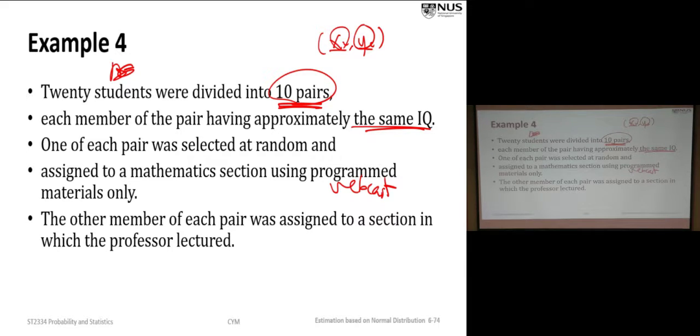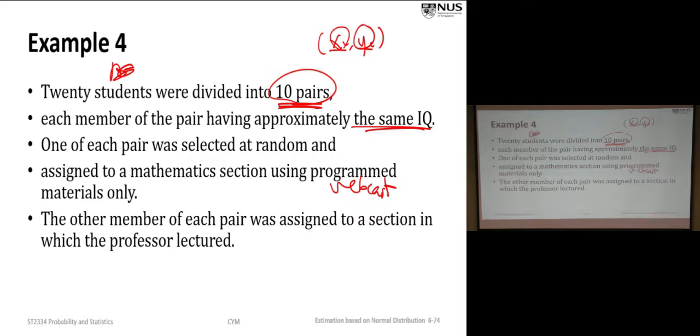But there's a problem: what happens if the bright students are assigned to the professor lectured group? At the end, this group has better exam results, but it does not mean the professor taught well. It just happens that they have good students in that group.